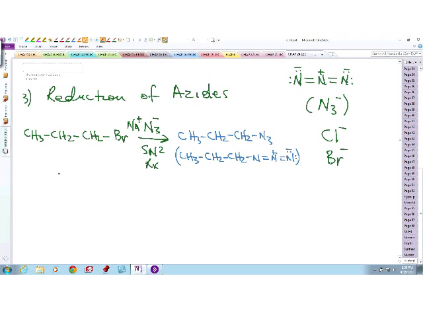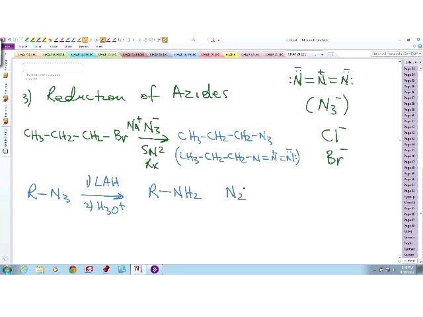Now, if you have an azide, let us use the generic azide here. If you reduce an azide with lithium aluminum hydride, LAH, followed by hydronium ion, what you get here, plus you release nitrogen.